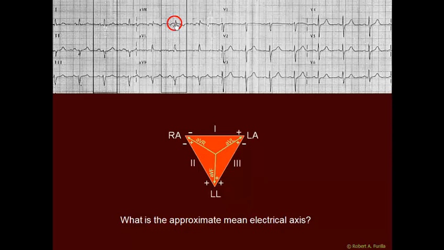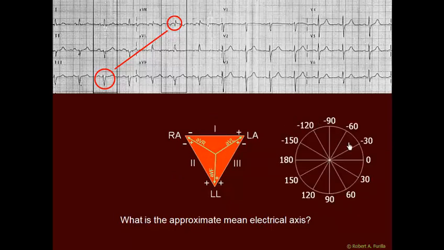So using the diagram, we go diagonally down to lead 3, and now we know that the axis, the mean electrical axis, is parallel with lead 3. So we know it's moving parallel to lead 3. Now if we look at our protractor, we'd see parallel to lead 3 is going to be minus 60 or 120.